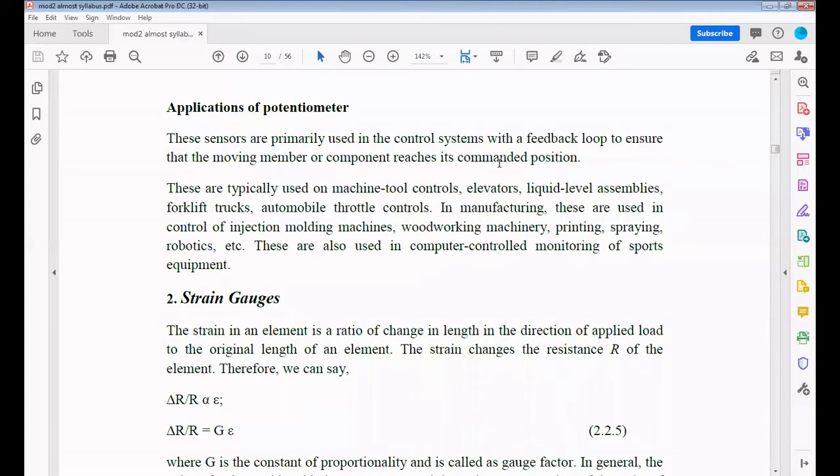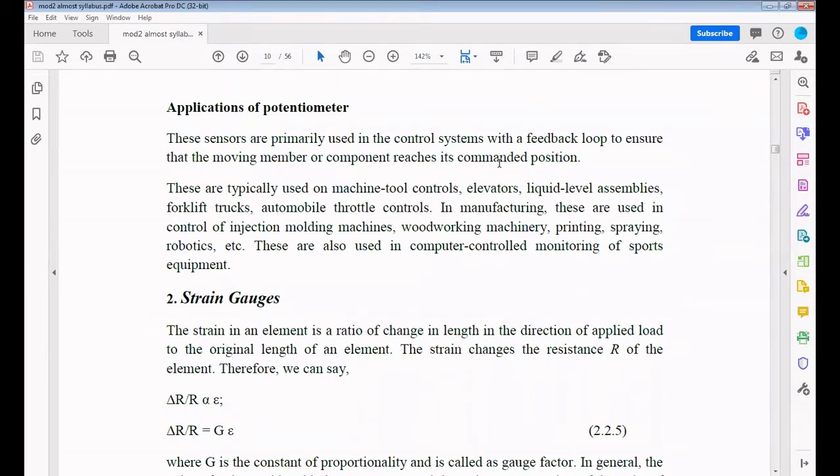Wherever we use this type of potentiometer sensor, it completely indicates the position of that particular object. Suppose for example we are moving by using an electrical vehicle, so where are we exactly? We started from Ghatkesar, Ghatkesar to Uppal. At a particular time period, where are we?